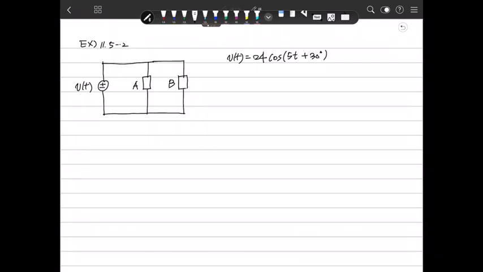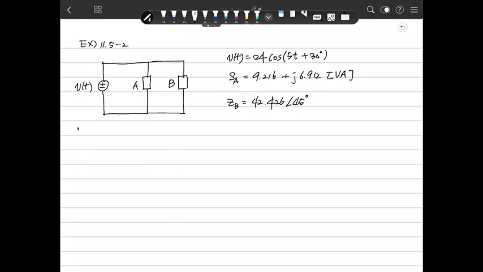Then the complex power consumed by impedance A was 9.216 plus j6.912 VA. And the impedance B was defined as 42.426 with phase angle 45 degrees.